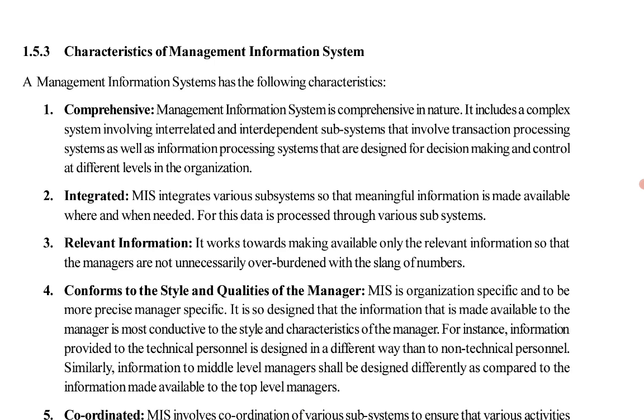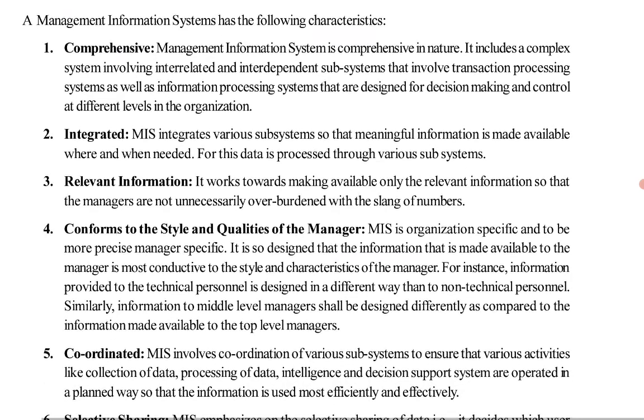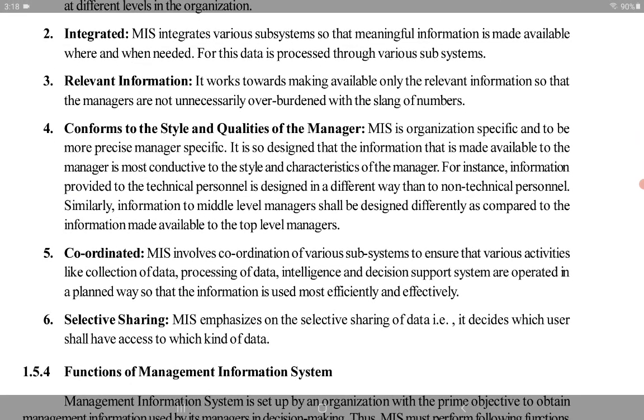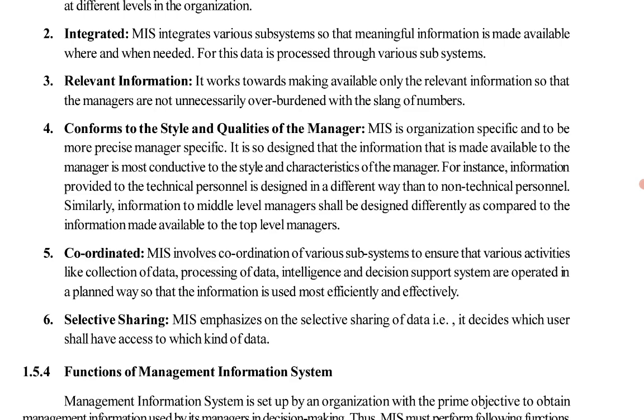Third one is relevant information. So what is relevant information? It works towards making available only the relevant information so that the managers are not unnecessarily overburdened with a slang of numbers.